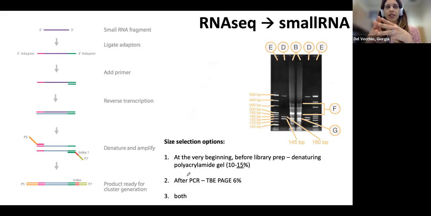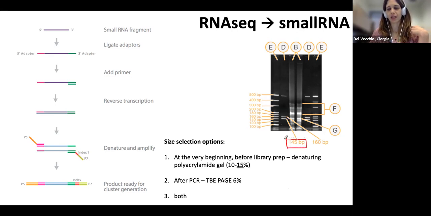It's hard to size select just the small RNA libraries with beads, because if we have any adapter dimers, they are quite close.